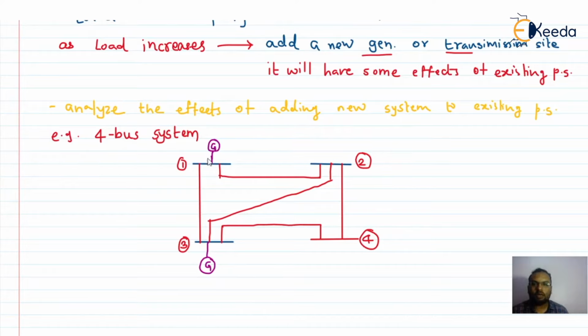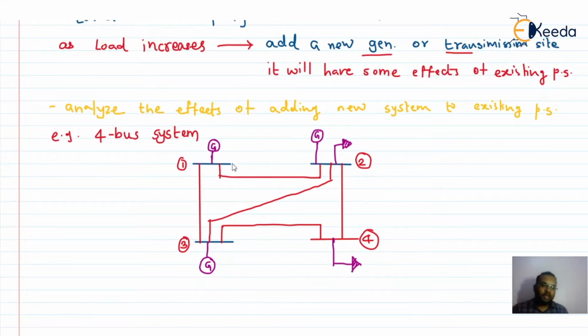Let us suppose that on bus number 1 and bus number 3 I have a generator, on bus number 2 I have a generator as well as a load, and on bus number 4 I have load only.